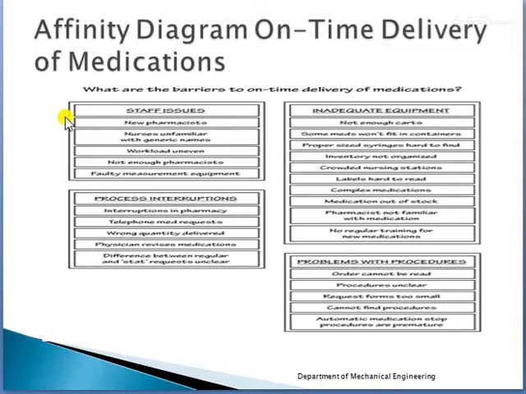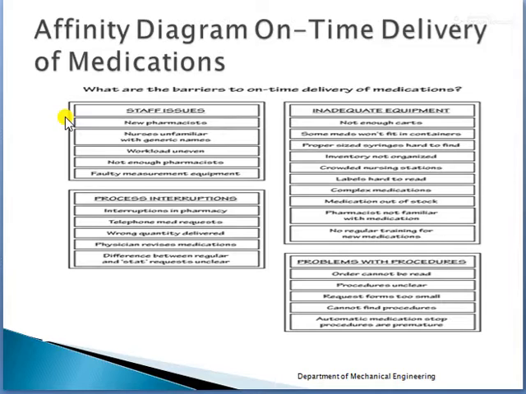And here, how you actually make a connection to the other tools. While an affinity diagram may present interesting data and useful ideas, the exercise itself should lead to further analysis.